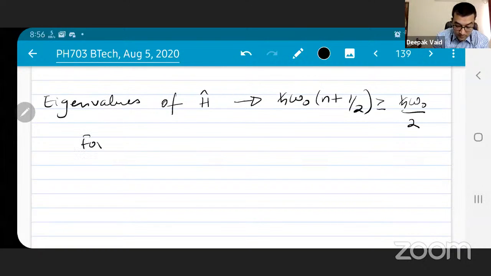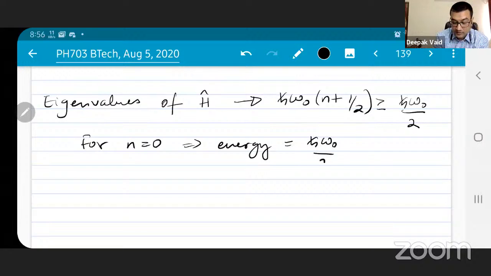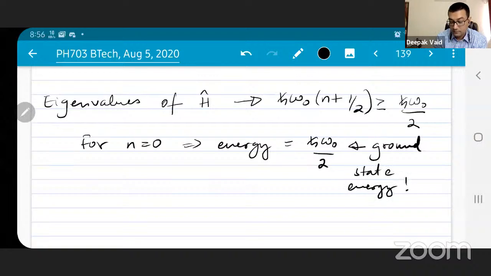So for n equal to 0, the energy is h bar omega by 2. This is the ground state energy of the system.